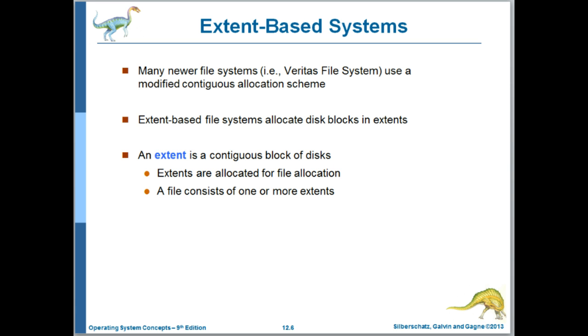Rather than move it, we would allocate another contiguous set of blocks, and that would be an extent. So the extents aren't necessarily within the same cylinder. So we may well lose some performance as we traverse between the extents because of read-write head seeks.